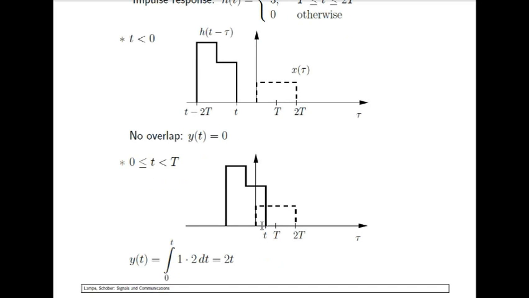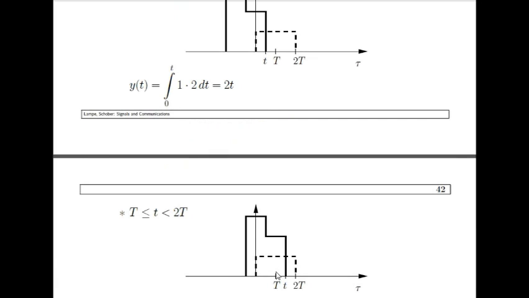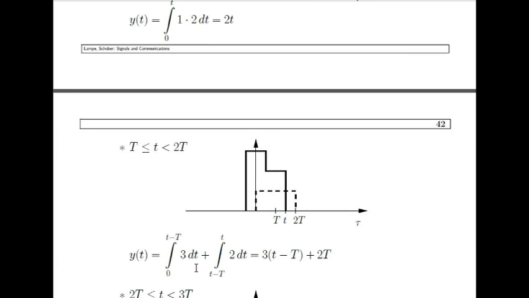Now for t between T and 2T, you need to break the limit at t minus T. First we take it from 0 to t minus T, and then t minus T to small t.